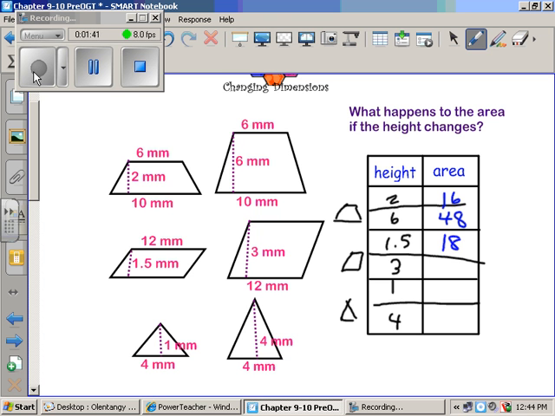And for 3? 36. Okay. How about for the triangle when it's 1? 1/2 times base times height? 2. And how about if the height is 4? 8. Okay.